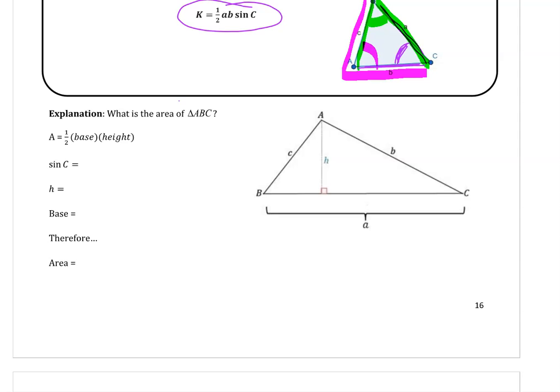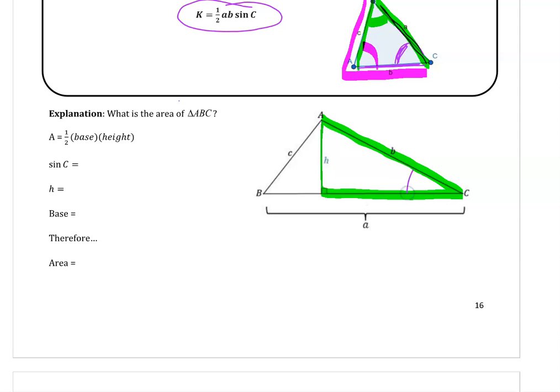So why does this work? Starting down below in this picture, I want to find the area of this triangle. Now I'm going to start off by finding the sine of angle C. So I will be focusing on this right triangle right here. Now we know that sine is equal to opposite over hypotenuse.